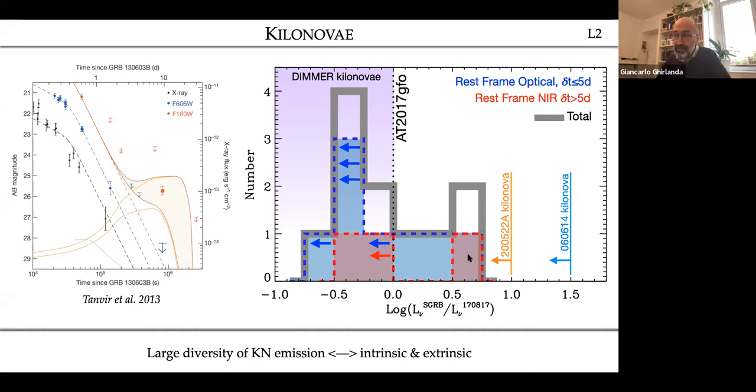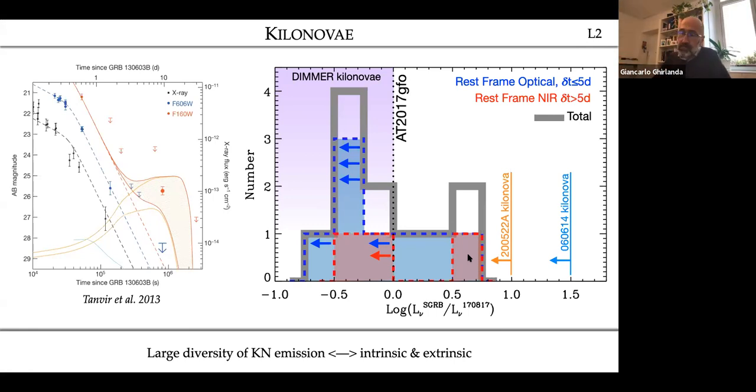Extrinsic effects, especially in such a wide dispersion, could be related to the viewing angle and orientation of the kilonova, which for the red and blue components can have, of course, a different appearance according to the orientation with respect to the line of sight.